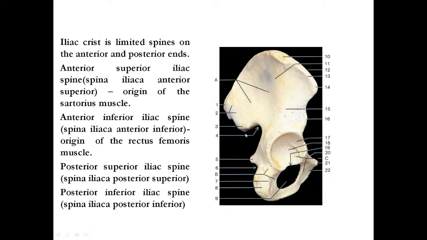Posterior ends include posterior superior iliac spine, spina iliaca posterior superior, and posterior inferior iliac spine, spina iliaca posterior inferior. The iliac crest has four spines.